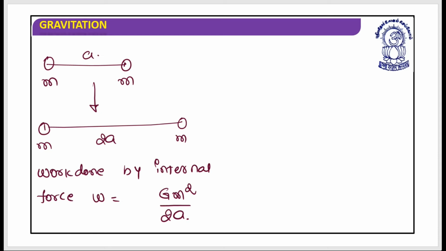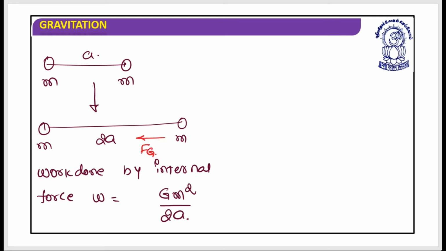Now you have studied work done, you must understand what is negative work done and what is positive work done. A positive work done is if force is applied and displacement is in the same direction as the direction of force, then it is a positive work done. If it is not the case, or if the reverse is the case, then it's a negative work done. So in this case, a force of gravitation acts in this direction.